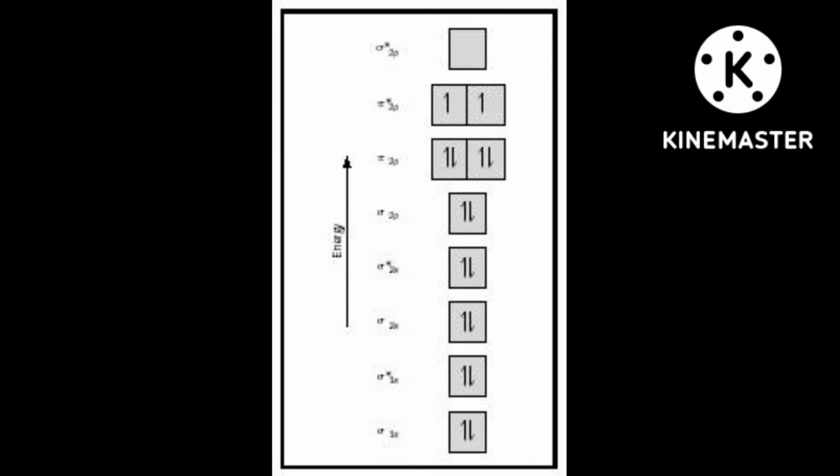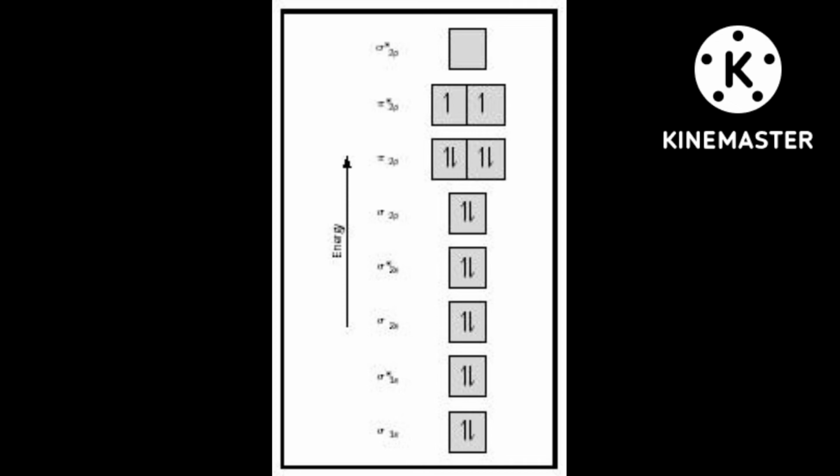The anti-bonding molecular orbital has more energy and the bonding orbital has less energy, and in the middle the parent orbitals. Okay, because when they form molecular orbitals, anti-bonding will have more energy. That's why it is shown up.